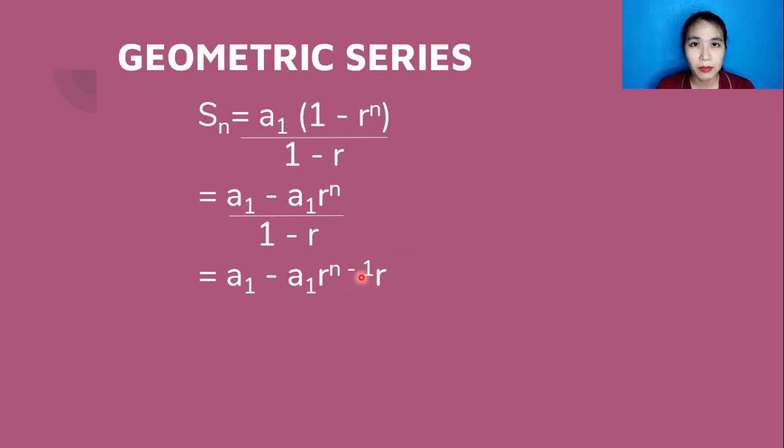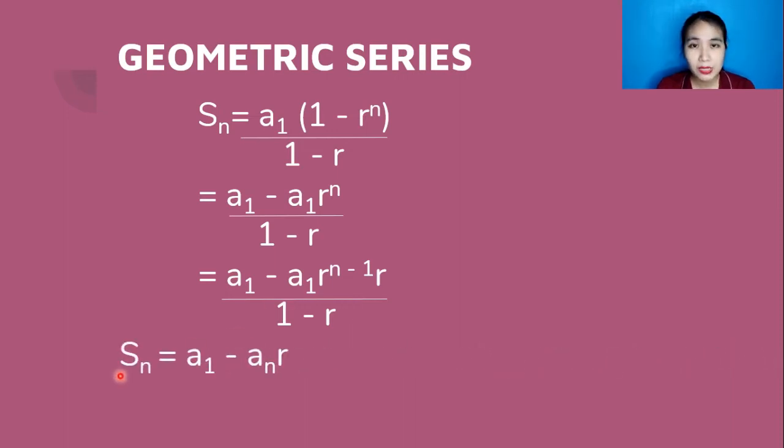So negative 1 plus 1 will be cancelled. The remaining will be n. That's why this is just the same as our term here over 1 minus r. And we all know that this a sub 1 times r raised to n minus 1 is already our a sub n. So we'll just replace this by our a sub n.